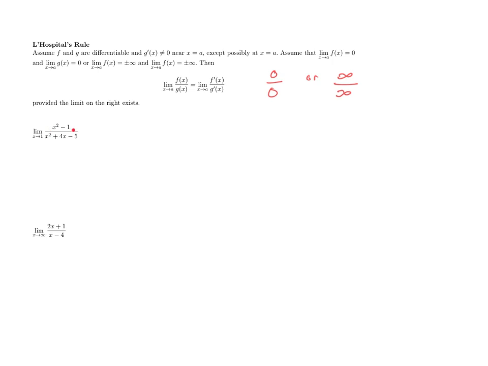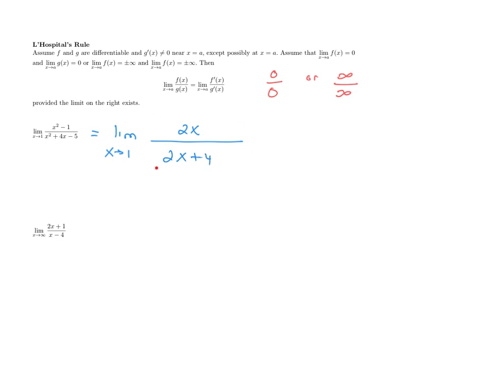We saw this was an indeterminate form because when we put 1s into all the x's, we got 0 over 0. Well, according to this theorem, we can look at the limit as x approaches 1 of the derivative of just the top, which is 2x, divided by the derivative of just the bottom, which is 2x plus 4.